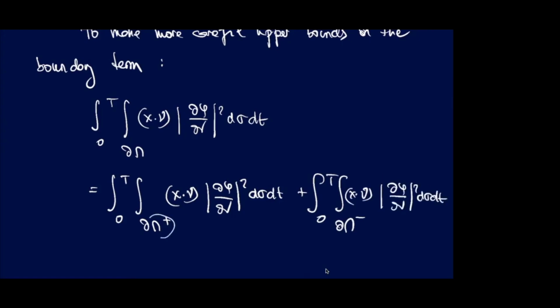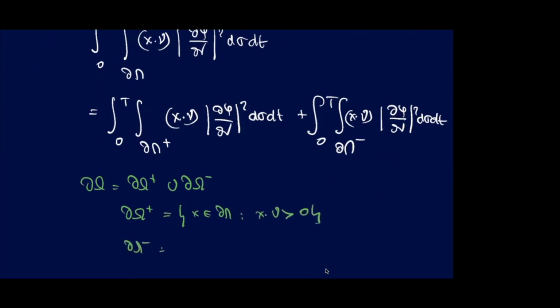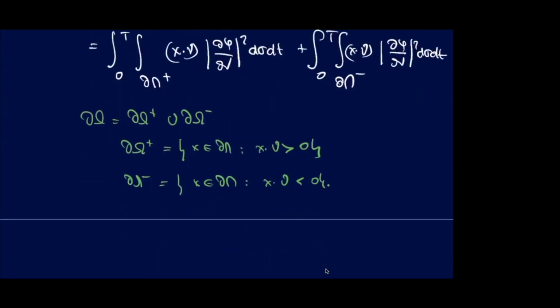So I say that the boundary of omega is split into two parts, omega plus and omega minus. Omega plus being the subset of the boundary where x·ν is positive, and omega minus the subset where x·ν is negative. This can always be done.